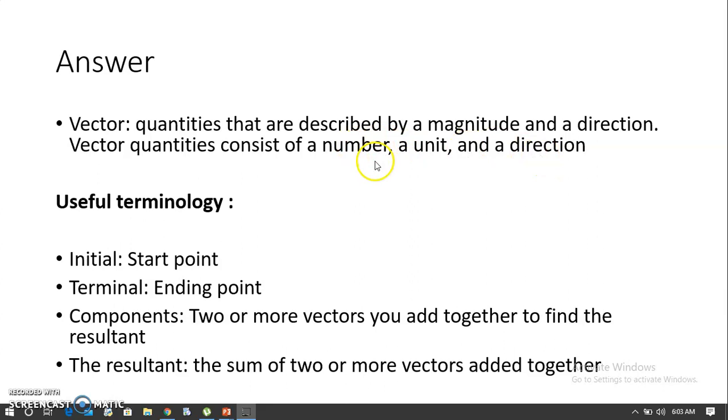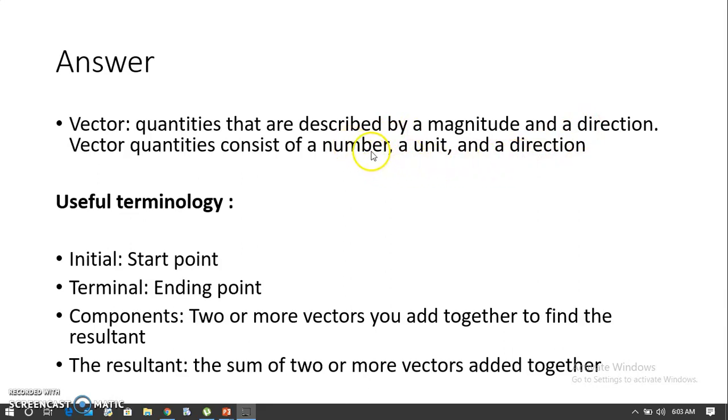So in this case, the position or the location of the village is going to be a vector because it has both magnitude and direction, and without both of them, the answer will not make sense. Okay?